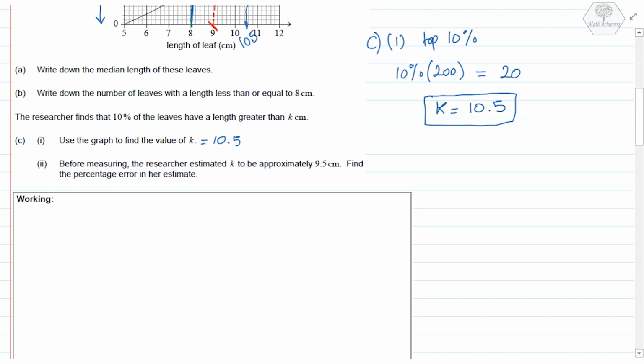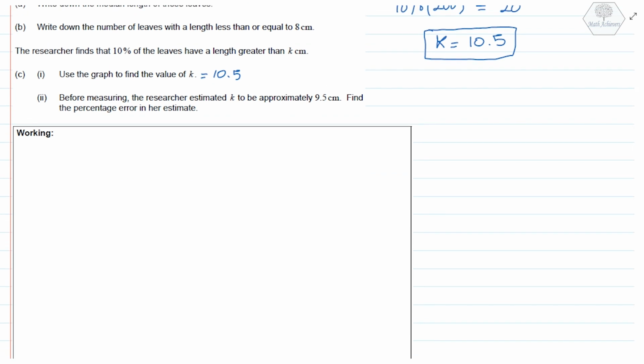Before measuring, the researcher estimated K to be approximately 9.5. We need to find the percentage error in her estimate. Simply for part C part 2, the percentage error is equal to the absolute value of the value approximated minus the value exact over the exact value, all of it times 100%.